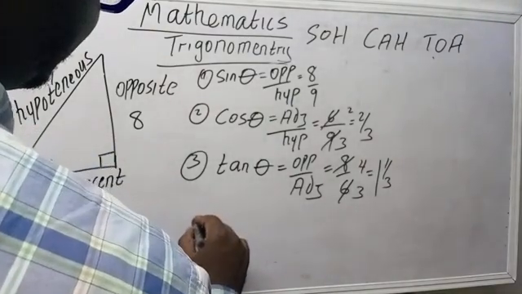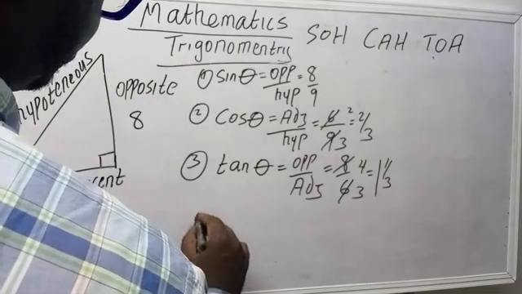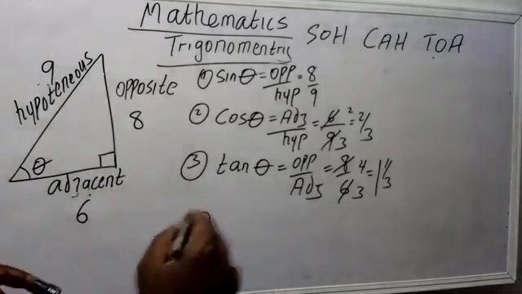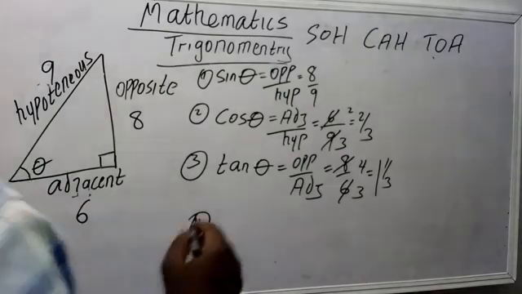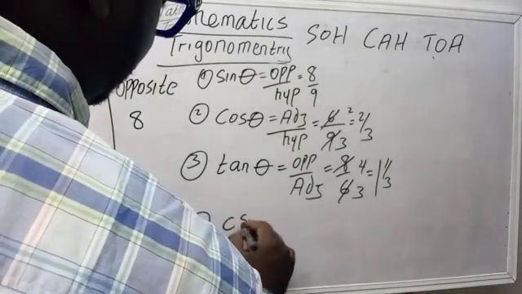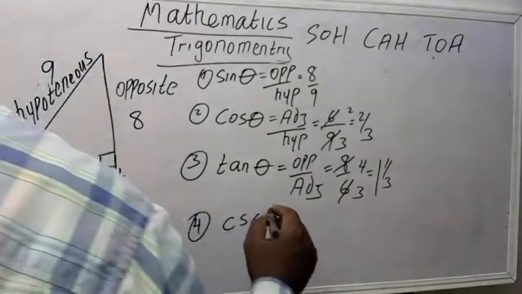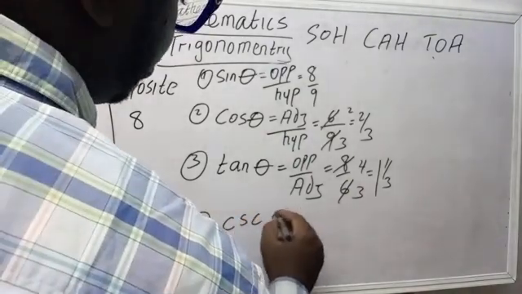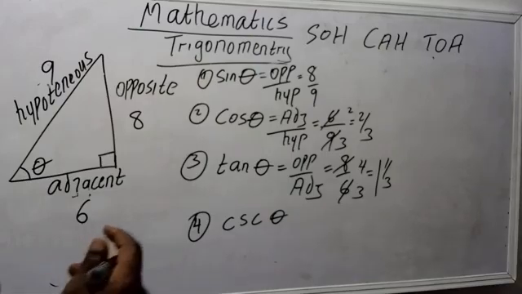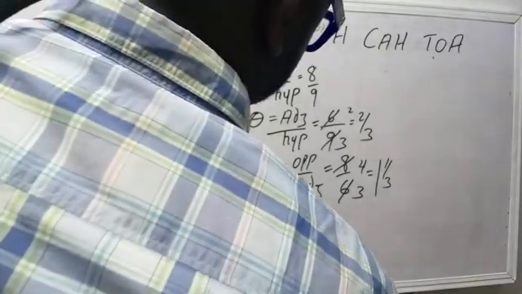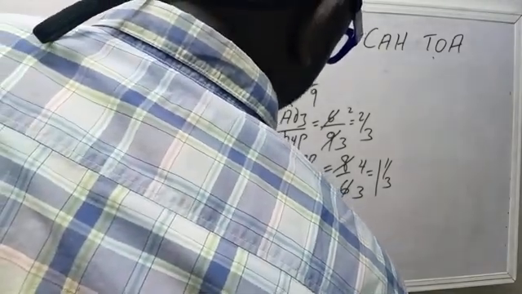Number 4. I'm looking for cosecant theta. What does that mean? Cosecant theta, as I said earlier, means inverse of sine theta. 1 over what?